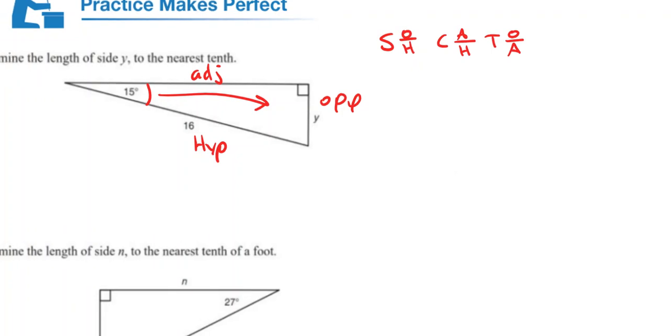Okay, so if I'm looking for y, and I have the hypotenuse, I'm looking for the one that has hypotenuse and opposite, right? So I'm looking for s, so perfect, it's going to be sine. So sine theta is equal to, my opposite is y, my hypotenuse is 16.